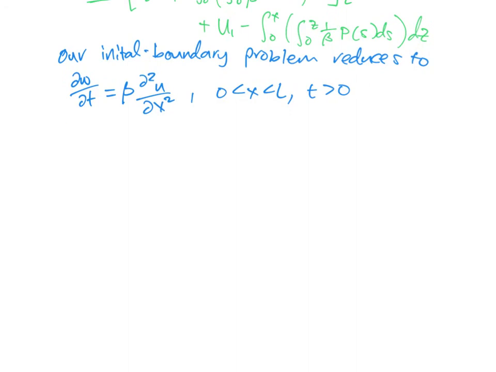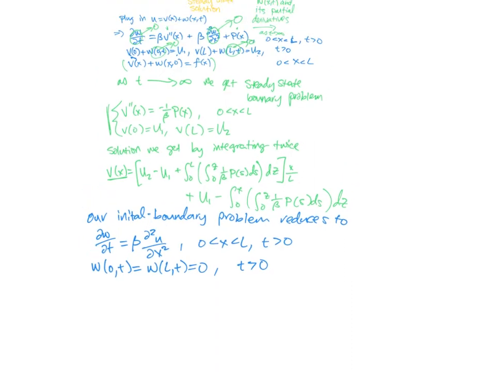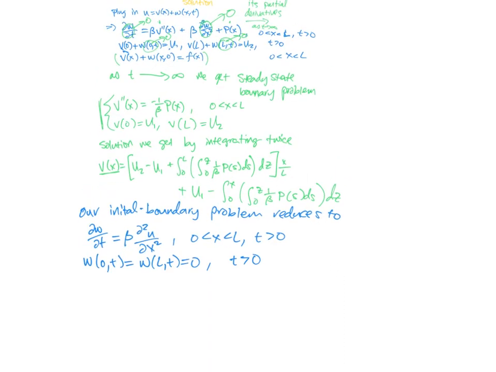So what we get is w(0, t) = w(L, t) = 0. So wow, we're back to homogeneous boundary conditions. And then again, let's go back to look at our initial conditions.